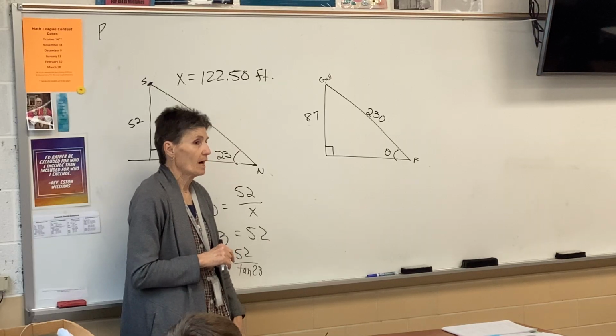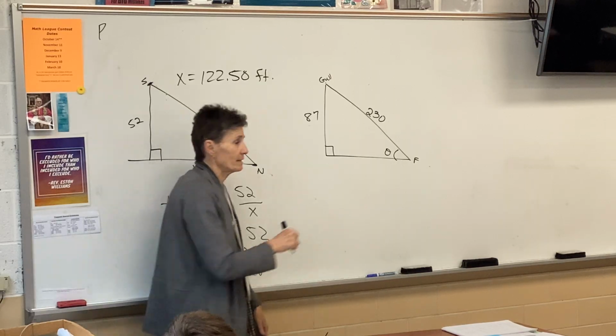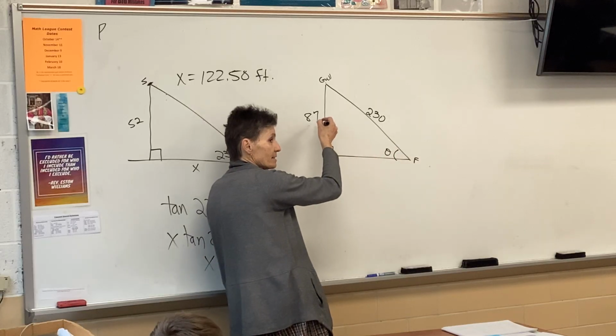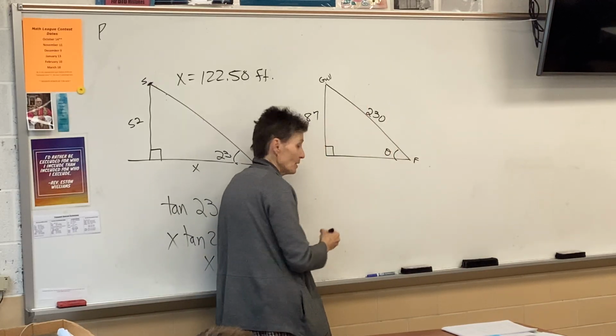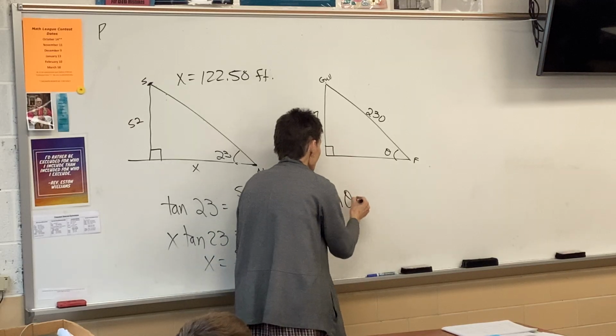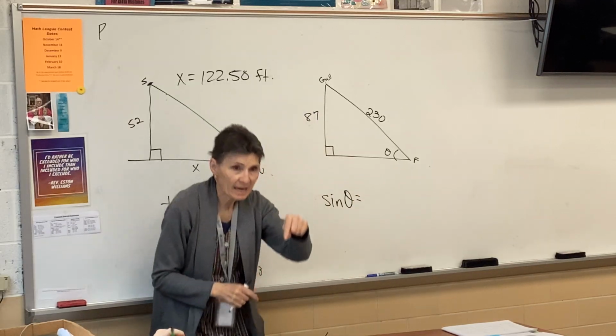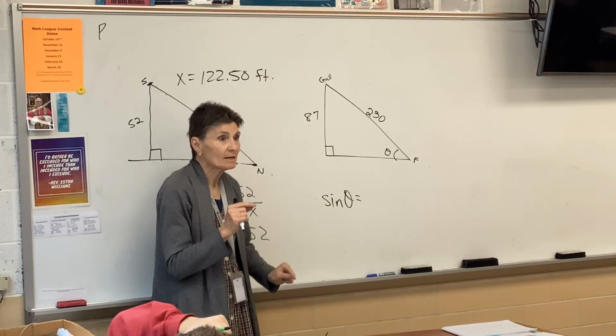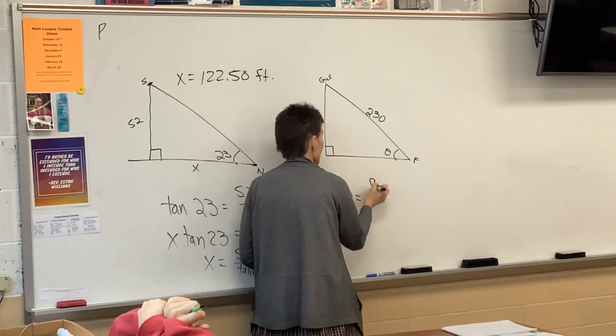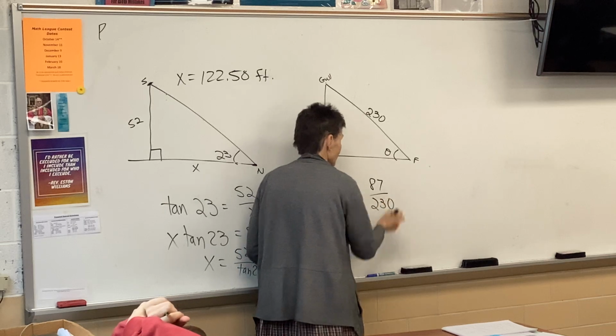It's got to be sine. Why does it have to be sine? Because this is opposite, and that is hypotenuse. So sine theta, remember, the angle is hooked to the sine. Sine theta equals 87 over 230.